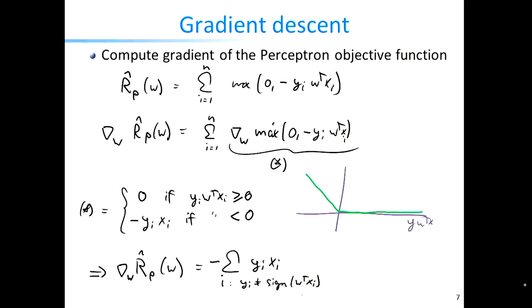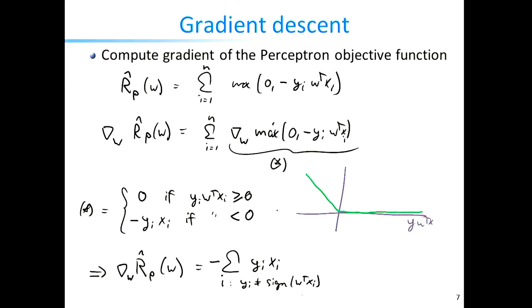In the last lecture we ended up with the expression for the gradient of this cost function. We worked out what this gradient really is, and I'm just going to remind you of that. This is, again, our hat, so R_P is the empirical risk associated with this perceptron loss, a sum of individual per data point loss functions. So the gradient is just the sum of the gradients. The gradient for each of these little loss functions, associated with one data point, is worked out down here.